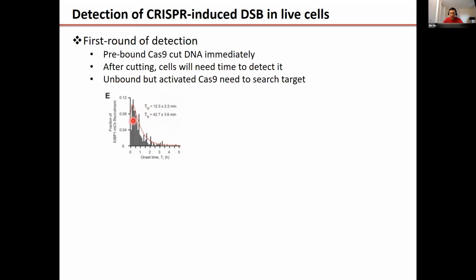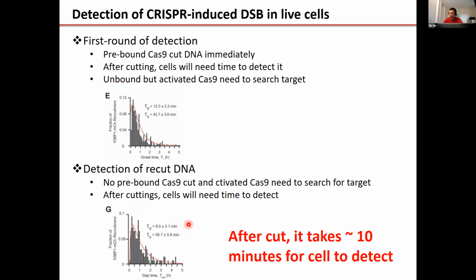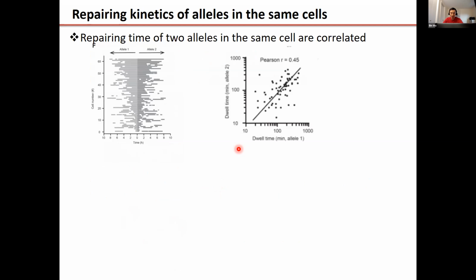We fit this two-state model to the histogram of the T1 distribution and find that tau d is about 10 minutes. We also fit the gap, and we also get a detection time of around 10 minutes. So from this, we conclude that it takes about 10 minutes for the cell to detect the damage.